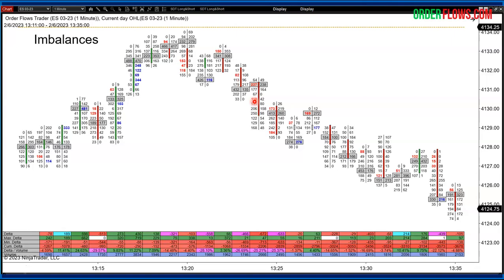But if it's very light, very thin, zero, about as thin as you can get, that's a sign telling you I've got no aggressive buying here at this price. Normally you get some trades at every price level. When you start getting very thin volumes, zero, 1, 2, 3, 4, 5, that's a sign that you just don't have that aggressiveness coming into the market.